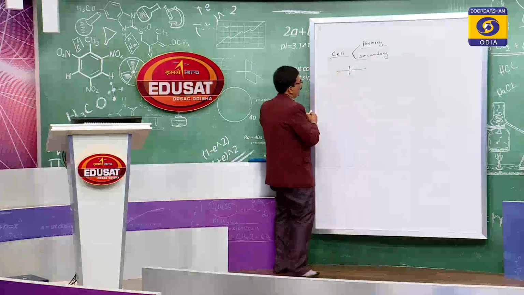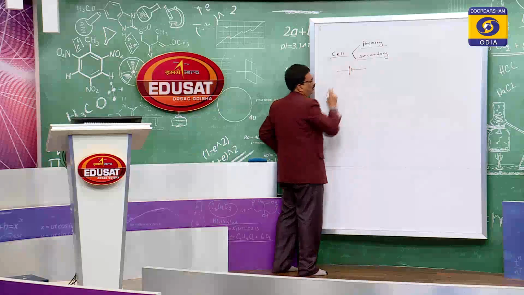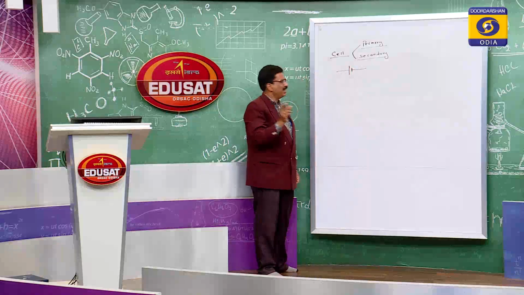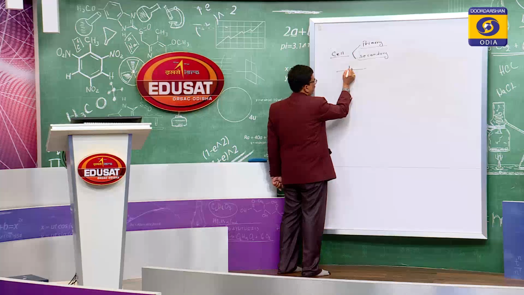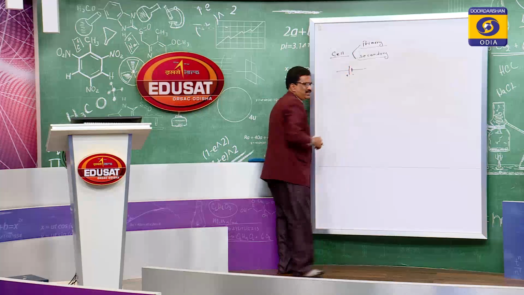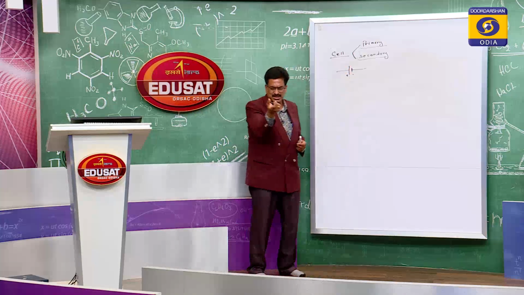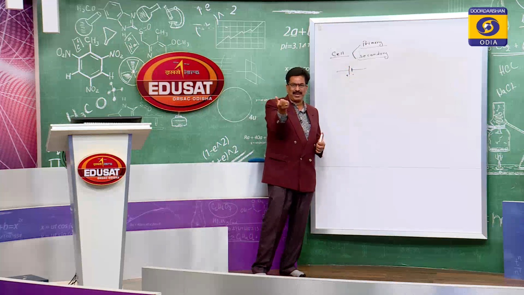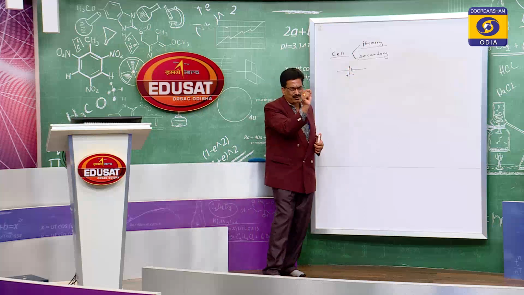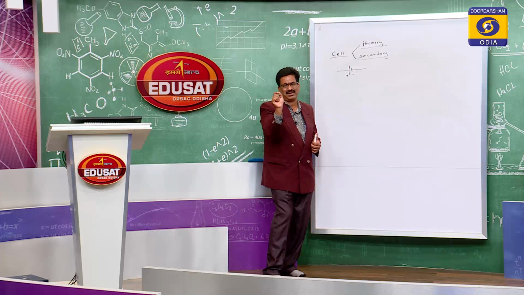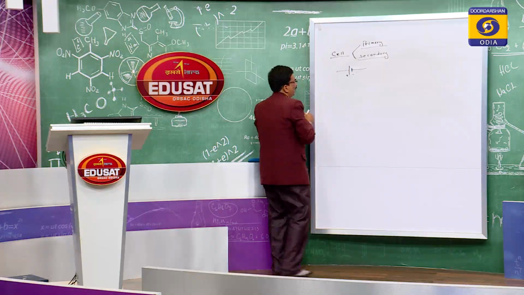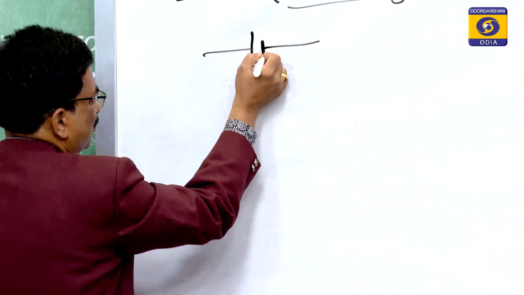Whatever it may be, every battery or cell has two electrodes. One is termed positive and one is negative. When you purchase a battery from a shop, you will find a plus sign at one end and a minus sign at the other end. The plus and minus signs are shown by straight lines, one longer and one smaller in size.